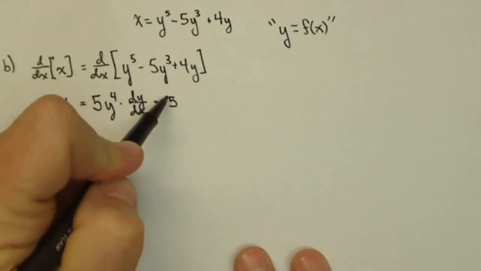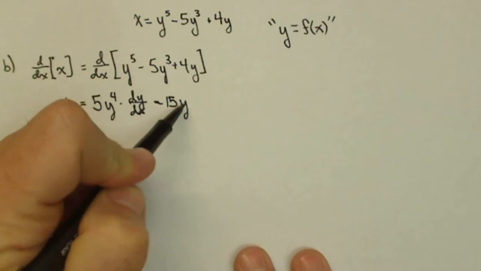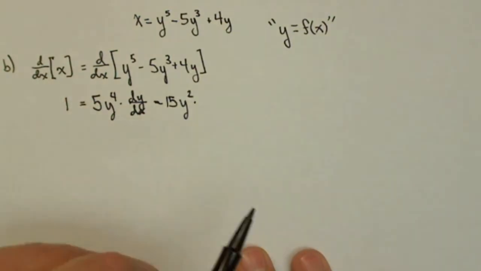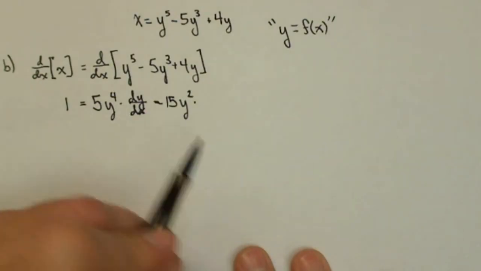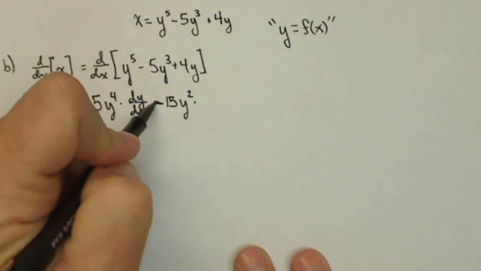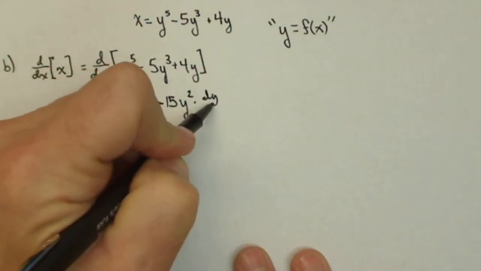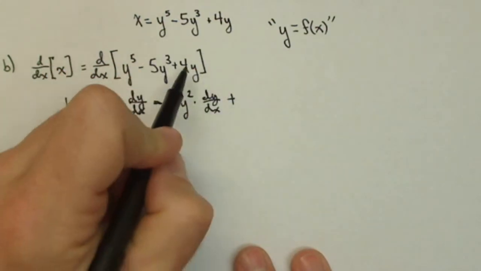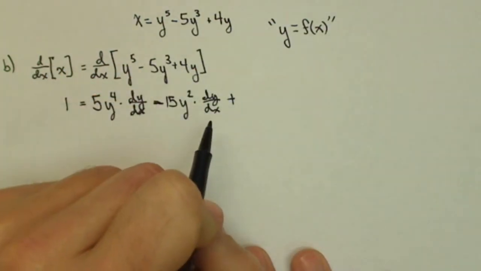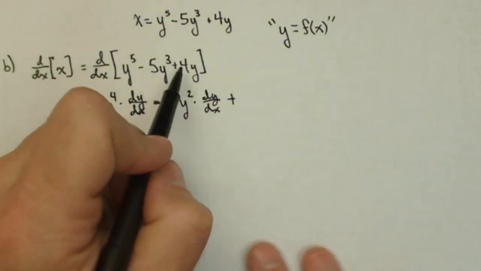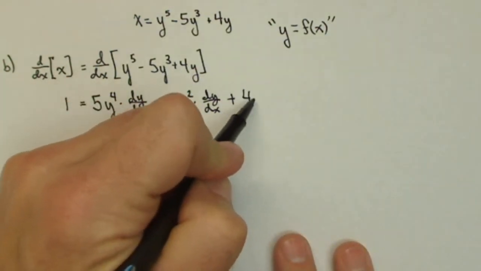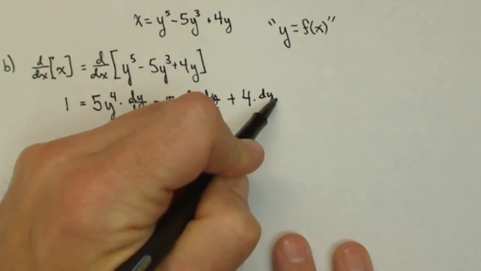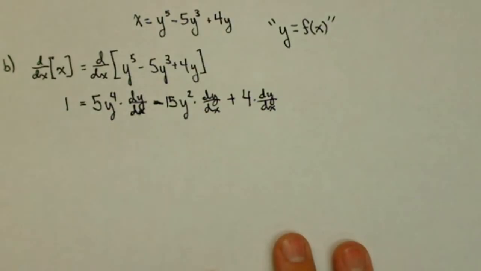From the power rule, the derivative of 5y cubed is 15y squared. But because y is an implicit function of x, we have to multiply by the derivative of the inside, which is dy/dx. We can generalize this: anytime we take the derivative of a y term, we're multiplying by dy/dx. So the derivative of 4y is just 4, and then the derivative of y is dy/dx.